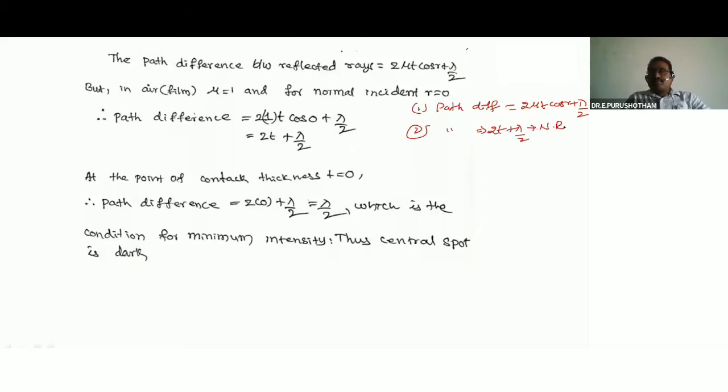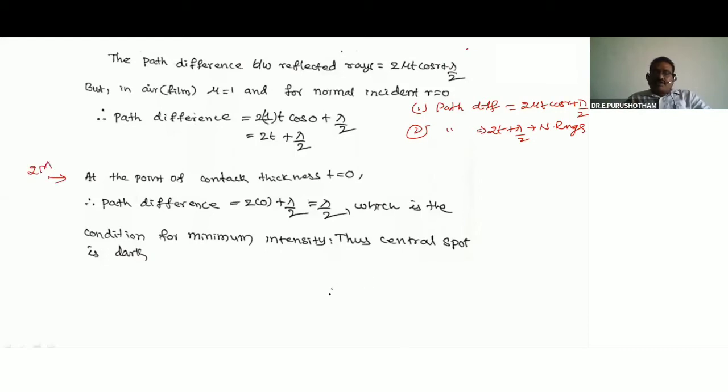This is for Newton rings, very important. This air film is also a thin film, but we are taking the refractive index of air, that is 1, and refraction angle 0. So we get 2t plus lambda by 2. This is very important for 2 marks questions.